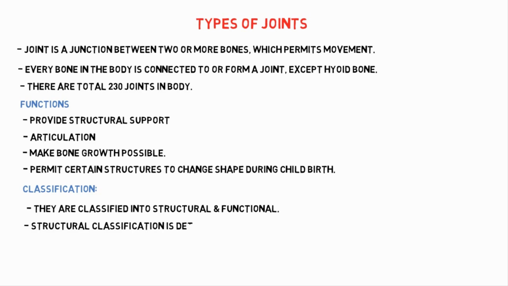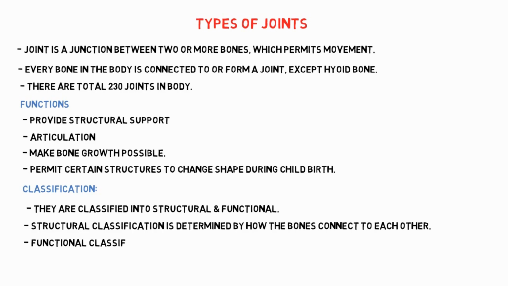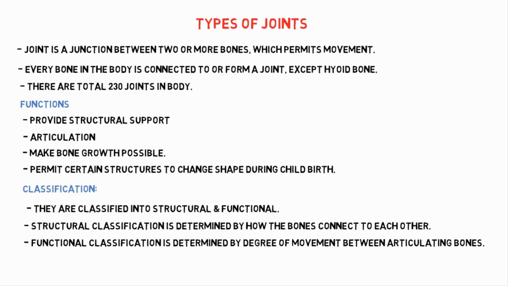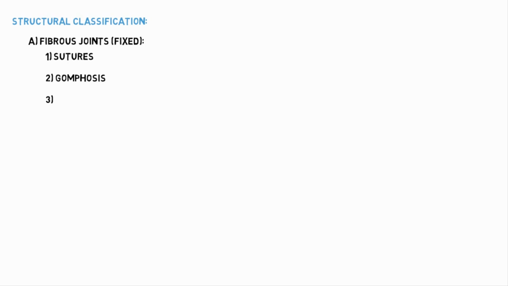Structural classification is determined by how the bones connect to each other, and functional classification is determined by the degree of movement between articulating bones. Coming to the structural classification, it is further classified into fibrous or fixed joints. There are a total of 3 types of fibrous joints. First one is sutures, next is gomphosis, next syndesmosis. The next type of structural joint is the cartilaginous joint, which provides slight movements.